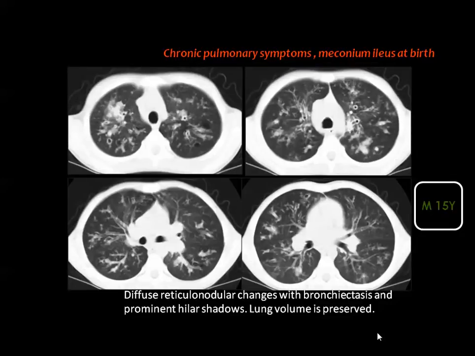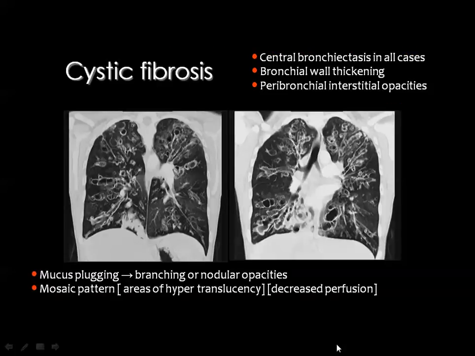Then if you have the CT scan, you are able to see that some of the bronchi are dilated and other bronchi are obstructed by mucus plugs, giving the typical finger gloved appearance. And these are the bronchi which are obstructed by mucus plugs, and these are the bronchi which are dilated secondary to the bronchiectasis.